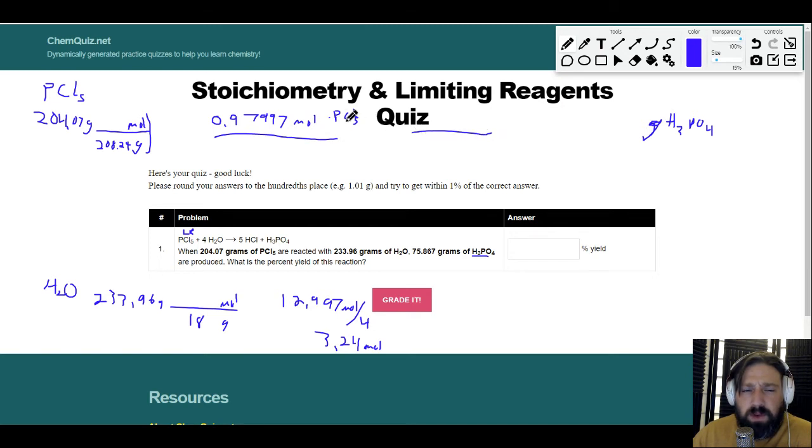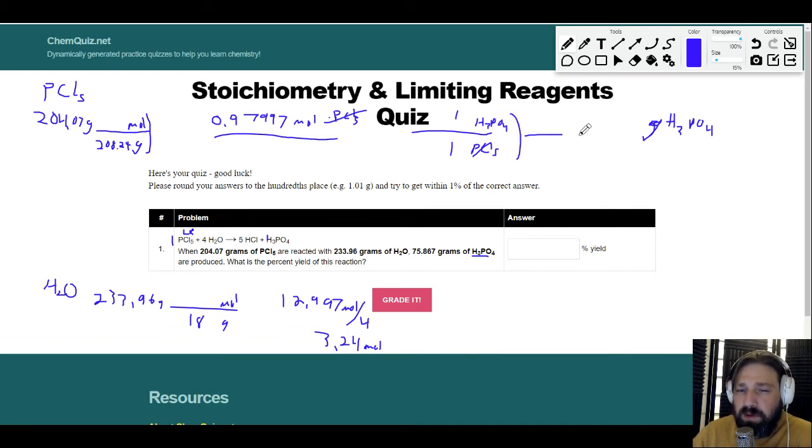What do we do? Well, first thing we need to do is our stoich step. We already have our moles, so we can do our stoich step. What is that molar ratio going to be? Looking here, it is 1 to 1. Now, if I were to just calculate this, I would have moles of H3PO4.